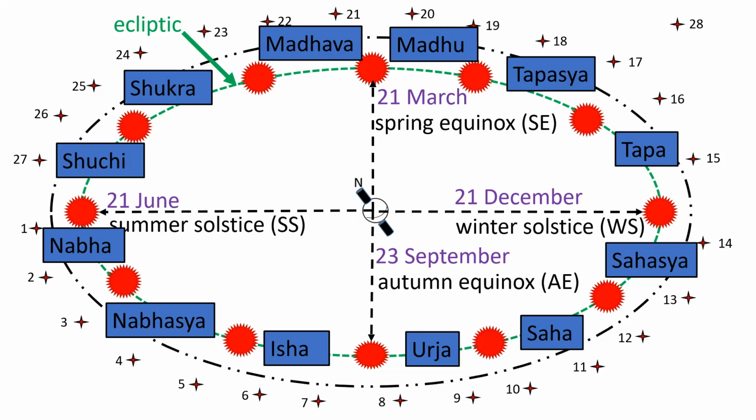Let us look at what is the scenario in our times, that is to say the 21st century. In our times, Madhava would be of about 30 days, Shukra of 31 days, Shuchi of 31 days.